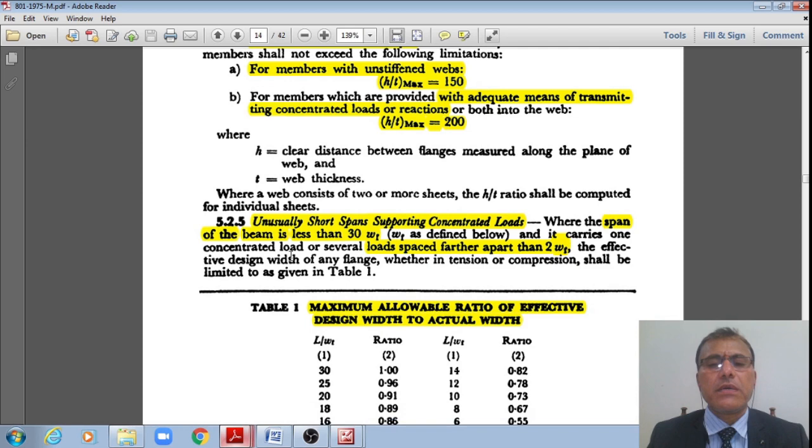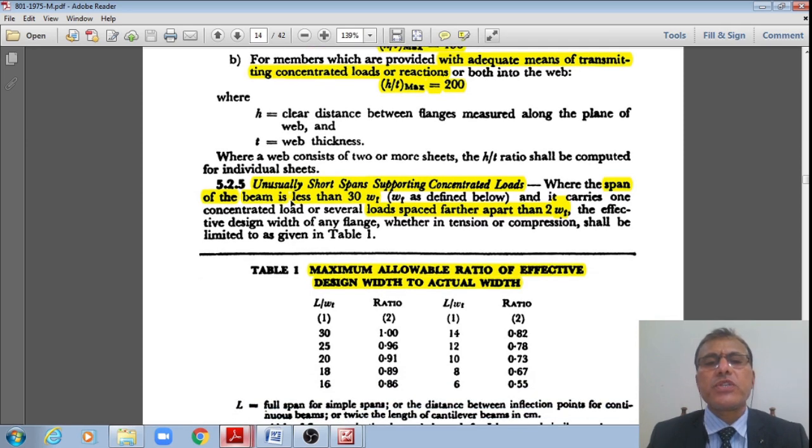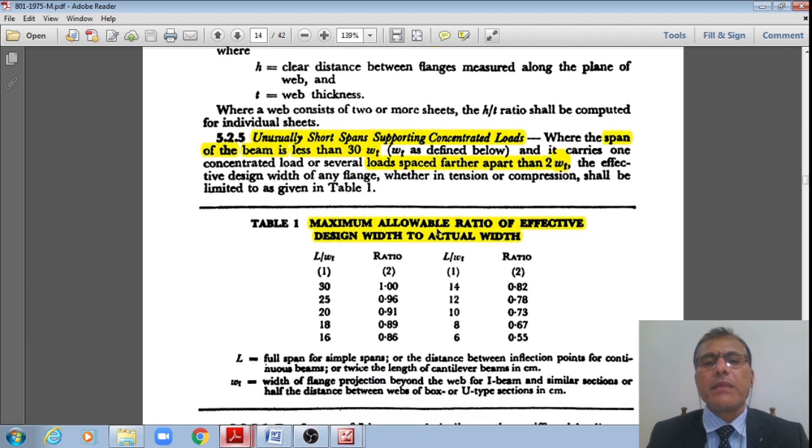Then next discussion is unusually short spans supporting concentrated loads, right? Where the span of the beam is less than 30 Wt, 30 multiplied by Wt, right? Wt is already defined below. It carries one concentrated load or several concentrated loads spaced farther apart than 2 Wt. Then the maximum allowable ratio of effective design width to actual width is given here, L by Wt ratio, right?